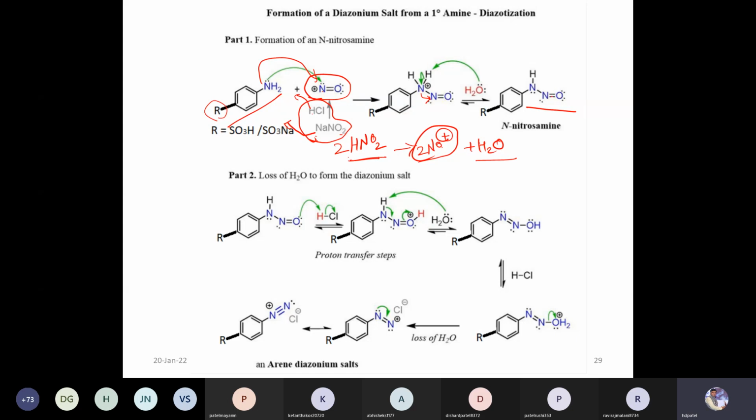N-N=O. Now this nitrosoamine further reacts with HCl. When it reacts with HCl, first of all this oxygen will bind with hydrogen and protonation will take place, and we now have OH plus.